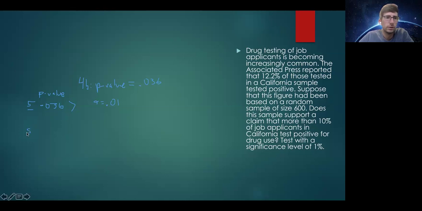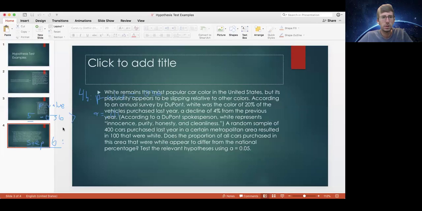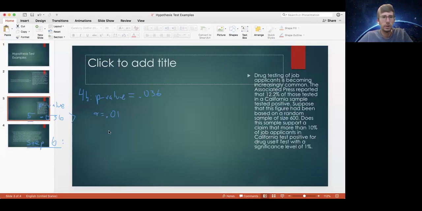So now in step 6, we fail to reject. We go back here, step 6, we say that we have to fail to reject H0.